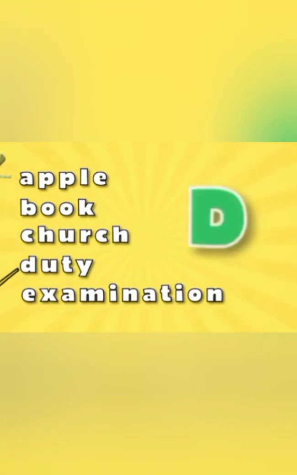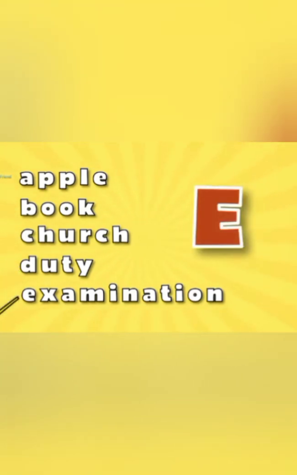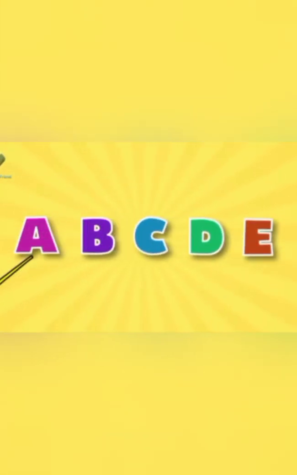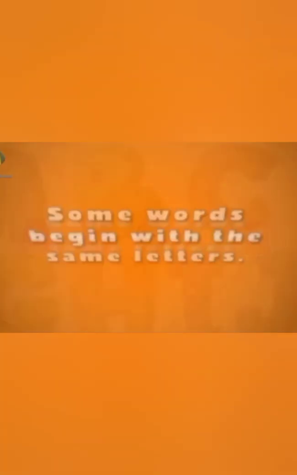And finally, the last letter here will be E. So E for examination. So here we arrange the set of words in ABC order. We saw every word's first letter, and we arranged them accordingly.